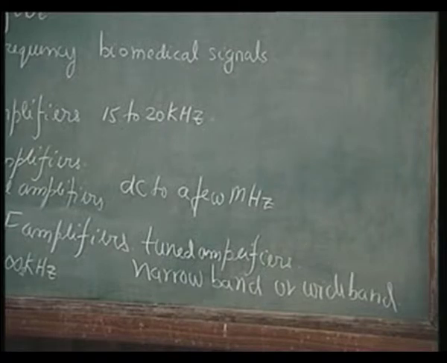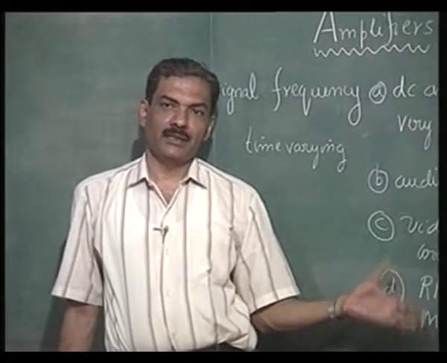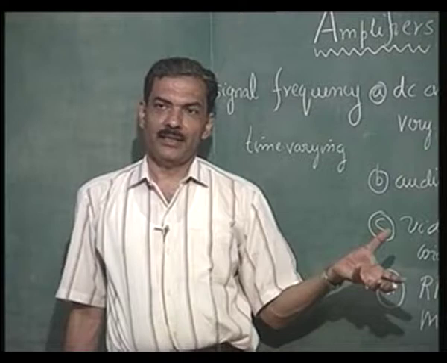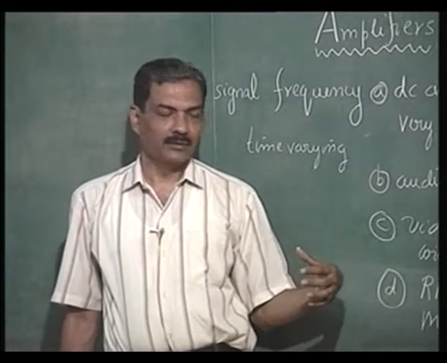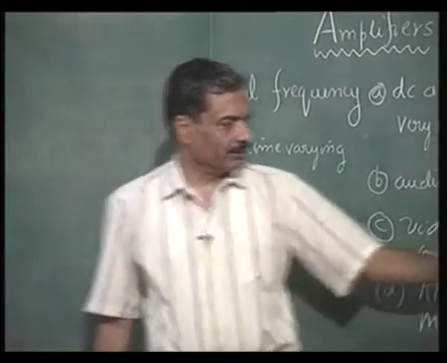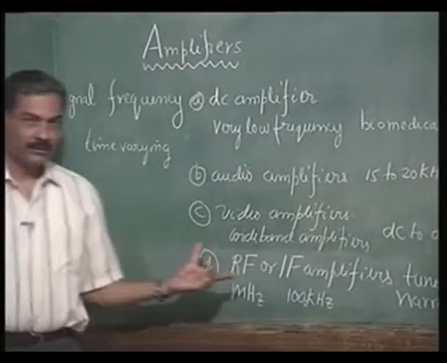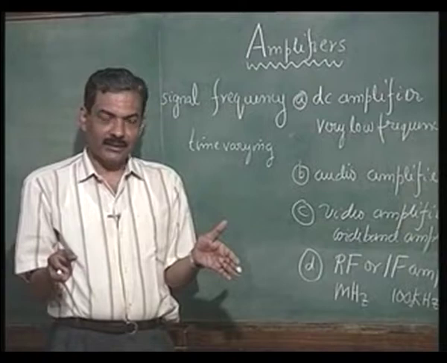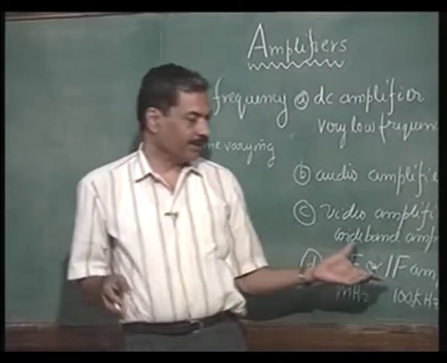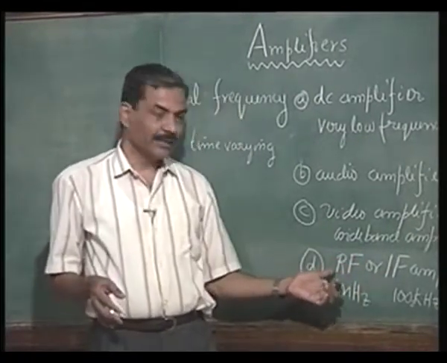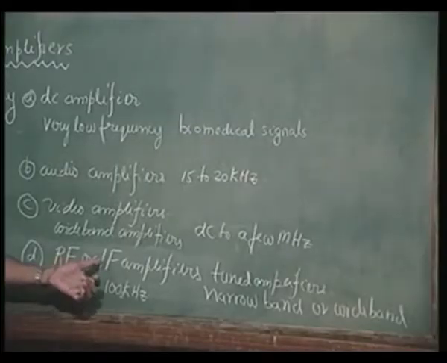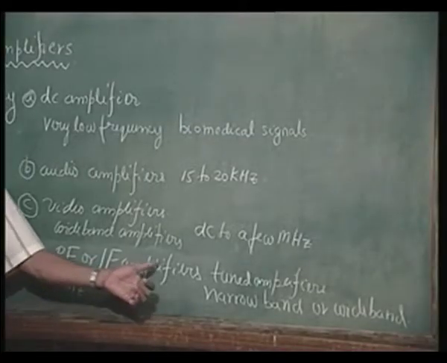In order to make these selective, select only the carrier that you would like to amplify. These are made tuned amplifiers, narrow band or wide band. They select a band of signals and then amplify this. So RF, radio frequency, IF, intermediate frequency amplifiers.